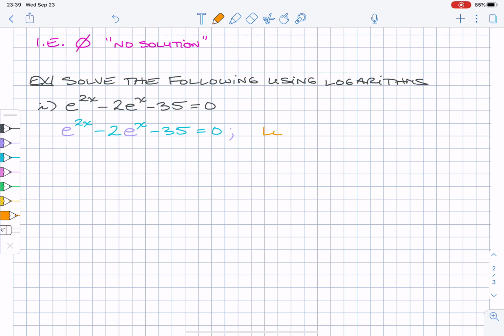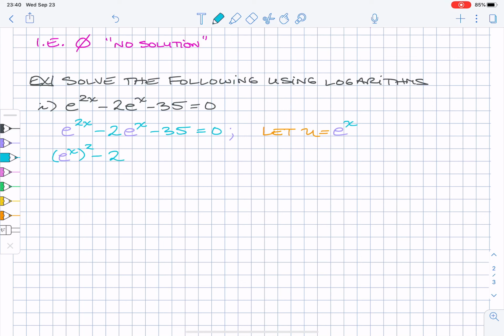I'm going to let u be equal to e to the x, namely e to the smallest power. So I claim that this first term here is really e to the x squared.